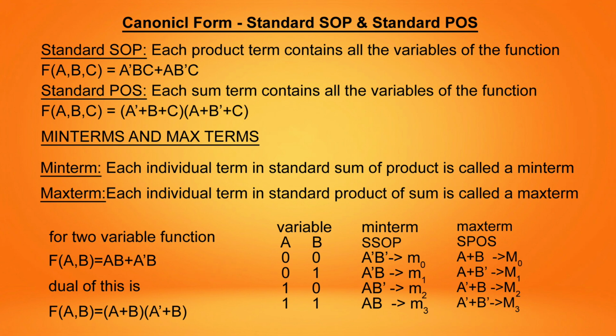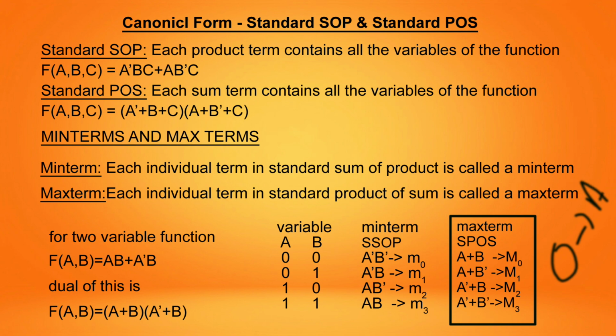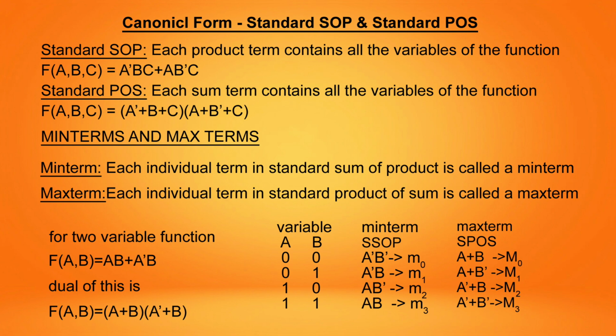In the same way, we can write maxterms. But when we are writing maxterms, please keep in mind that when 0 is there, we are taking the actual variable, and when 1 is there, we are taking the complement. And between the variables, we need to consider addition. If the function represents 0,0, the maxterm is a plus b, that is M0.